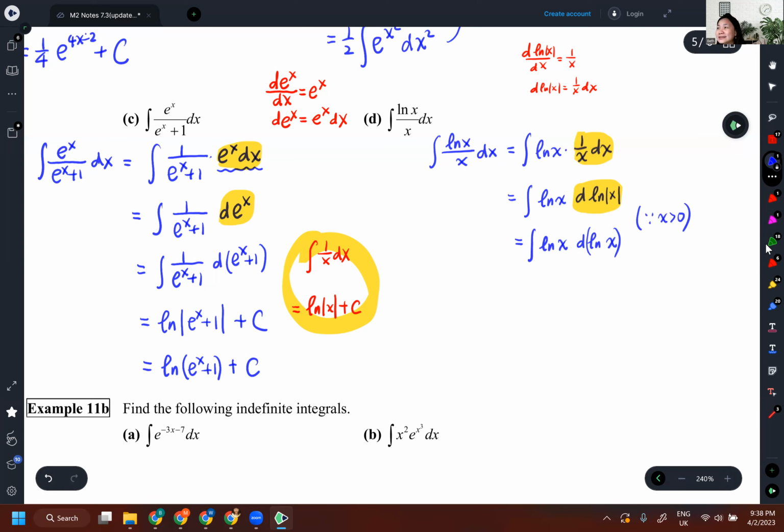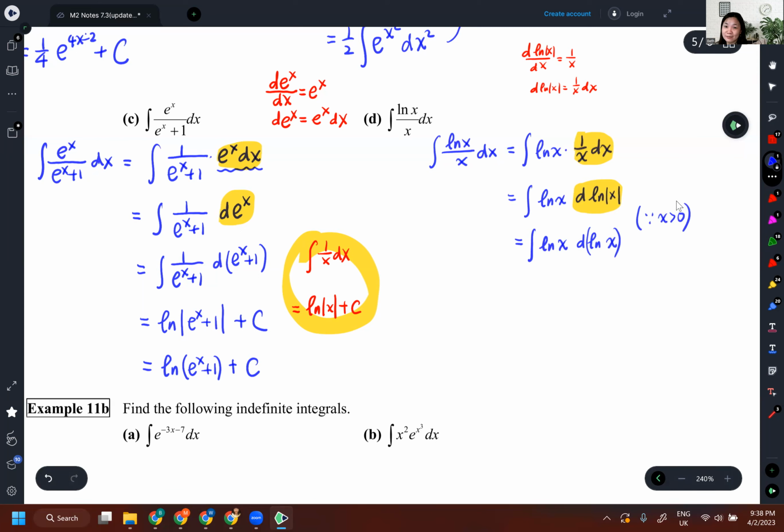Now, you may say, oh, where does it say positive? It doesn't say to your face. It doesn't tell you, oh, do you know that in my question, x is positive? It's very subtle. Because in this question, do you see log x? Because the symbol already implies that x is positive.